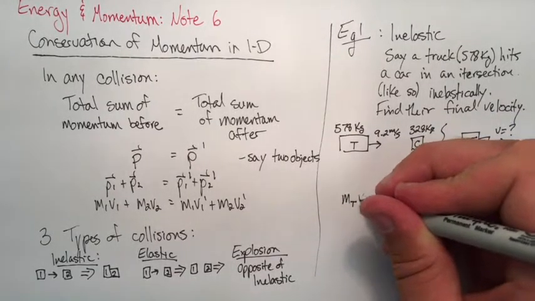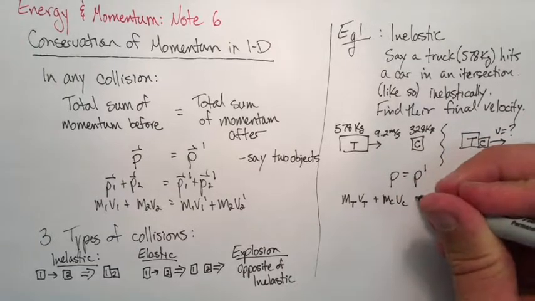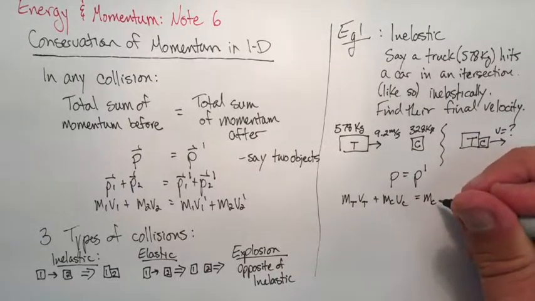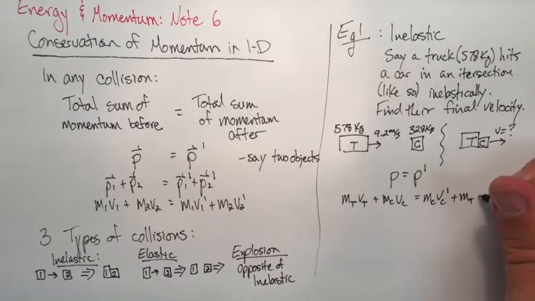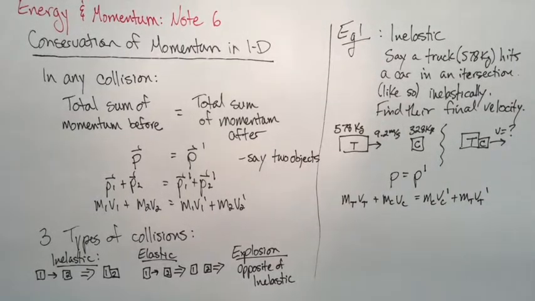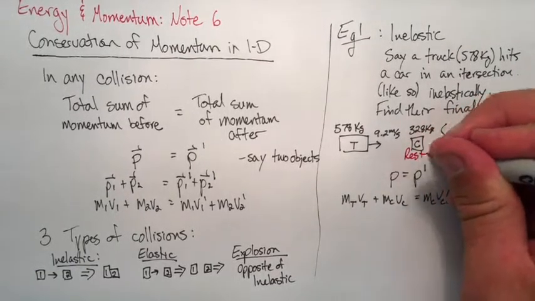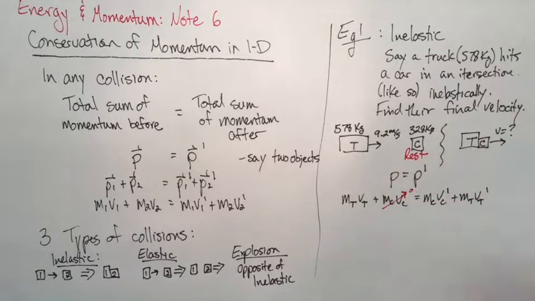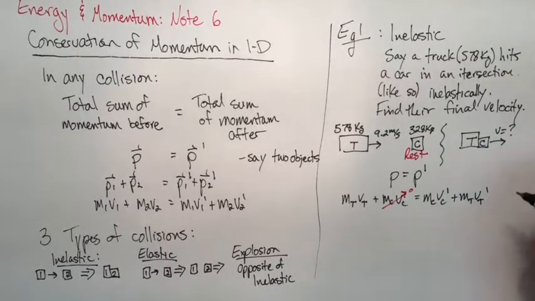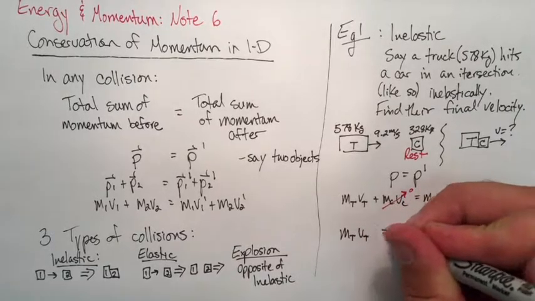So here, P equals P prime. So that's the momentum of the truck plus the momentum of the car initially equals the momentum of the car plus the momentum of the truck afterwards. This car is at rest to begin with, so this term, because the velocity is 0, is going to go away. Afterwards, when they're stuck together, the velocity of the car and the velocity of the truck are going to be the same because they're basically one object.